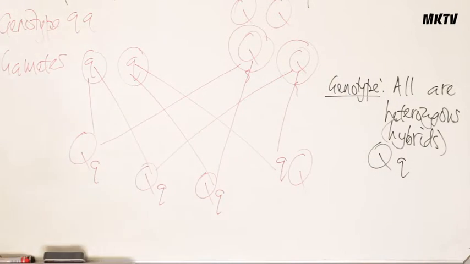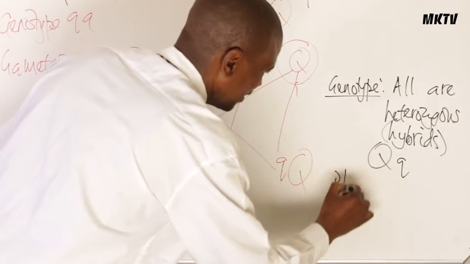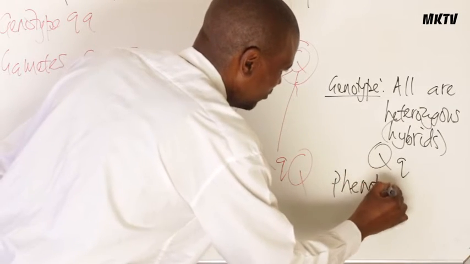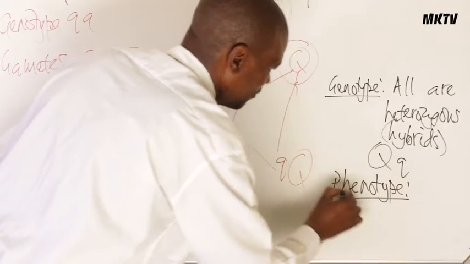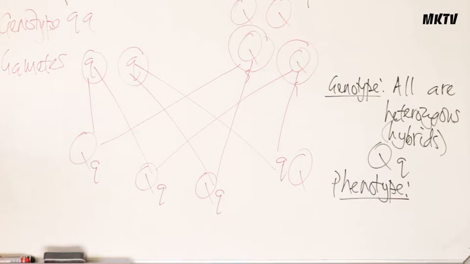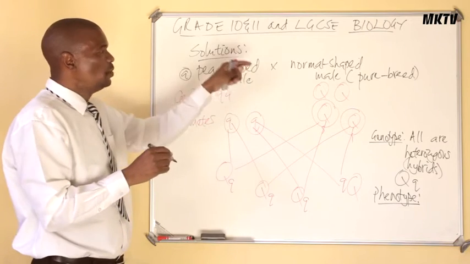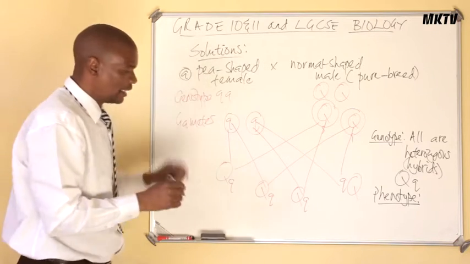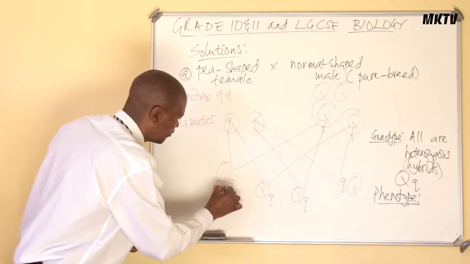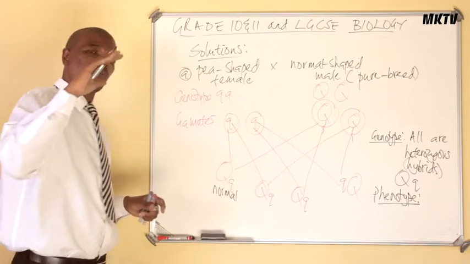Okay? Then coming to the phenotype. The phenotype is what we observe. Then the phenotype, I said, the presence of one capital shows that we are going to have a dominant characteristic. Therefore, we shall have a normal shape of the collar here.